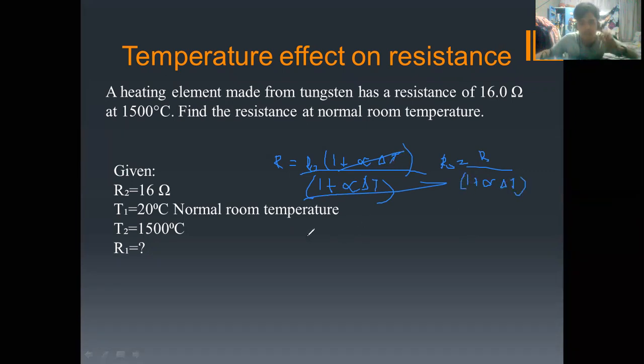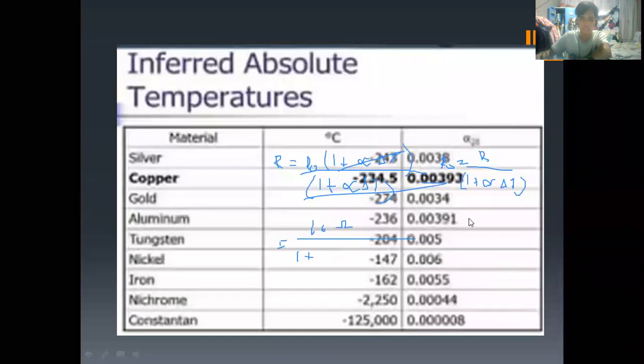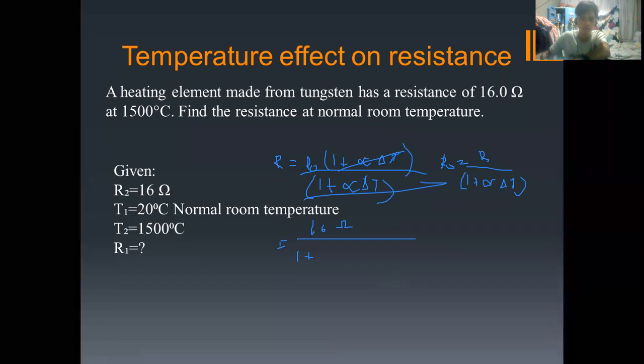Tapos direct substitution lang tayo dito. Resistance natin ng R sub 2 is equal to 16 ohms. Divide natin siya sa 1 plus yung coefficient temperature ng tungsten. Hindi natin siya kukunin, dito natin siya kukunin sa infrared. 0.005.